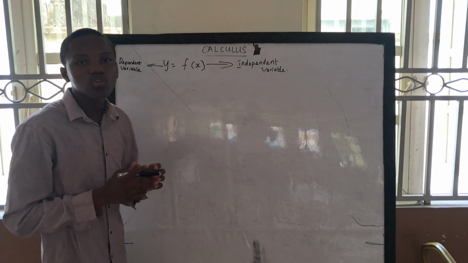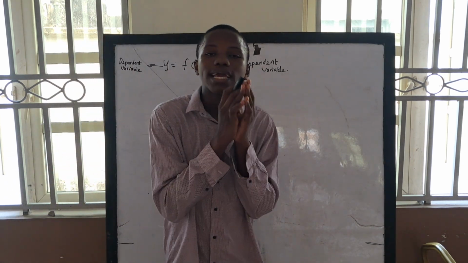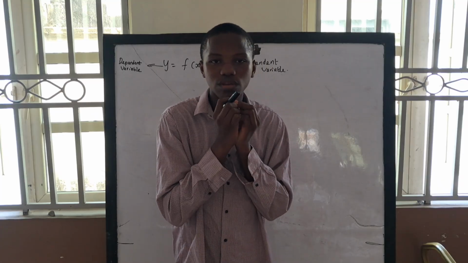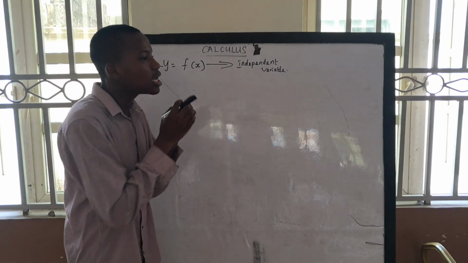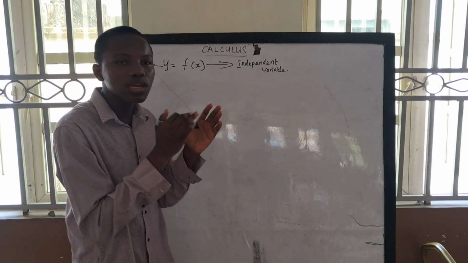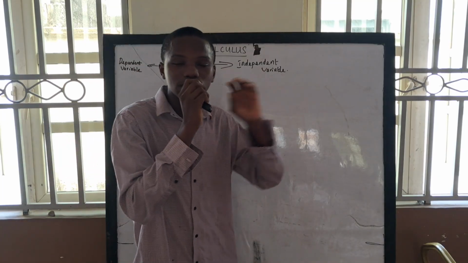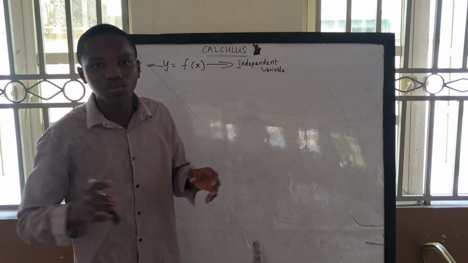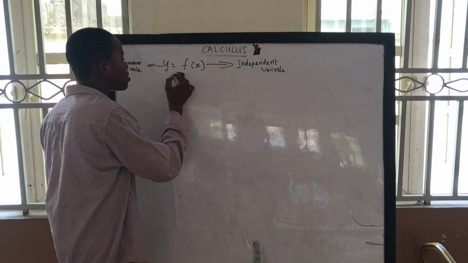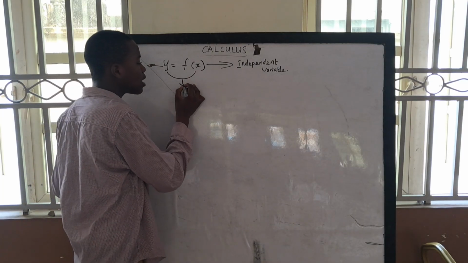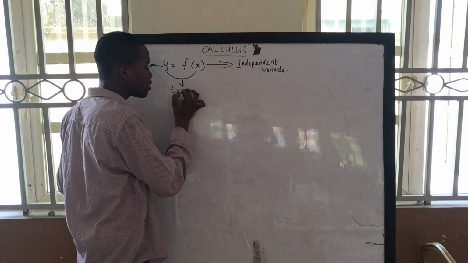Now this type of function is known as my explicit function. Why do I call it explicit function? Explicit function in the sense that it always depends on a single variable, not various variables, right? If I now have something like this, this is regarded as my explicit function.